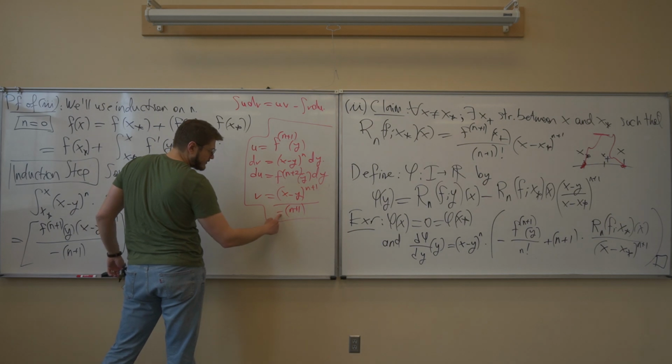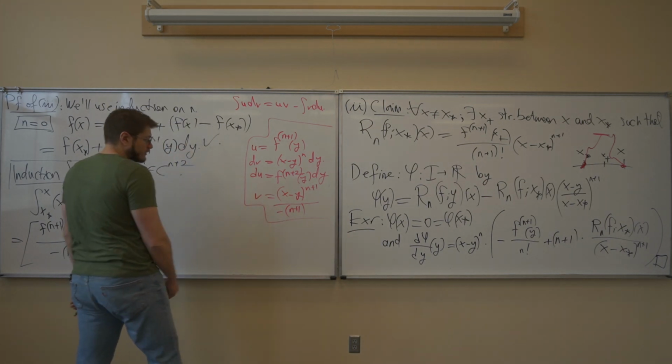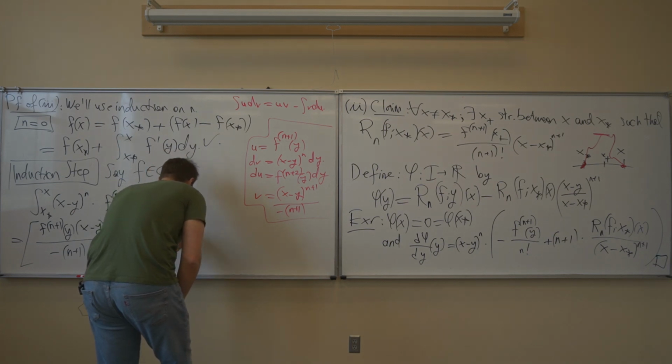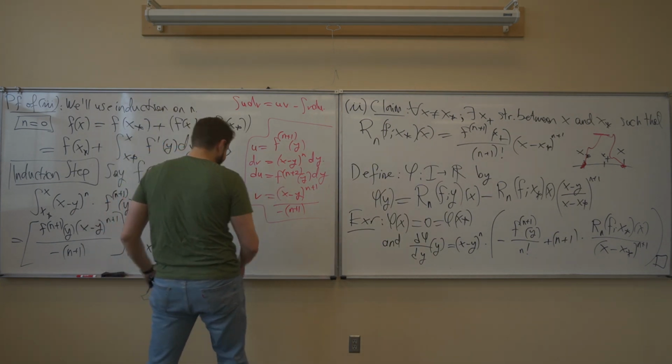But I have another minus here, which means that I can just use a plus here. And this is a constant, I can take it out: 1 divided by n plus 1, integral from x star to x of v du.